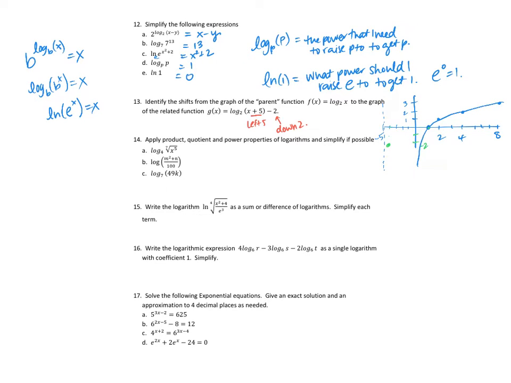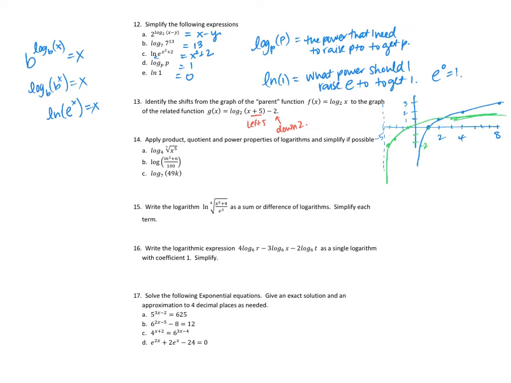This point will shift here. So 4, 2 is going to go to negative 1, 0. And then 8, 3 is going to go to 3, 1. So there's my graph, shifted. And it keeps going up there.